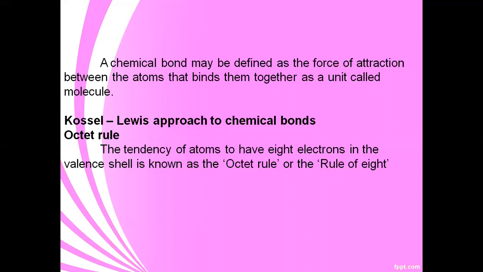A chemical bond may be defined as the force of attraction between atoms that binds them together as a unit called a molecule. Because of this force of attraction, the atoms are held closely together and bind to form molecules. This is what a chemical bond means. In this unit we will study the Kossel-Lewis approach, the Lewis dot structure, the types of chemical bonds, different types of structures, and different types of reactions.